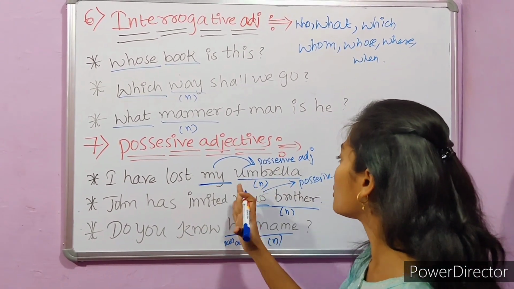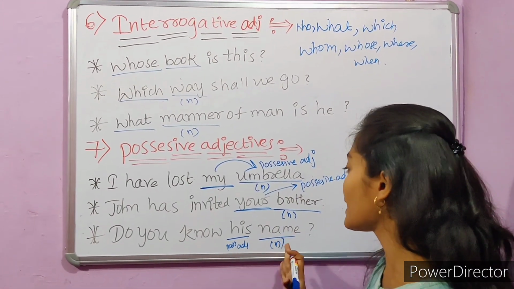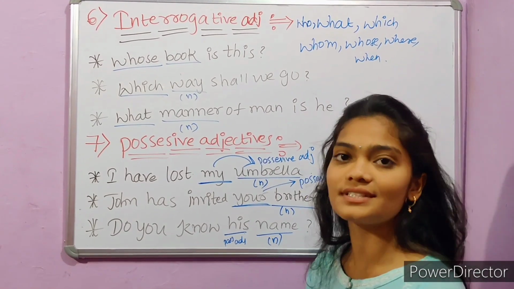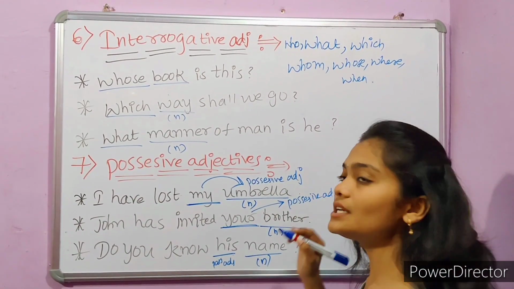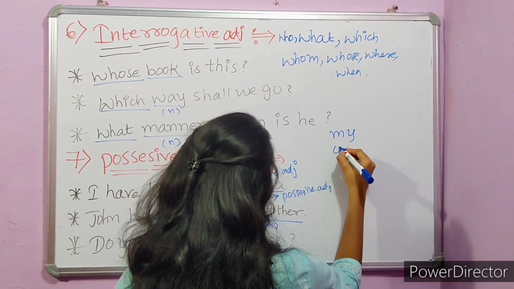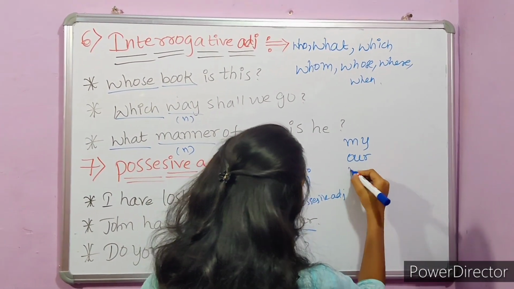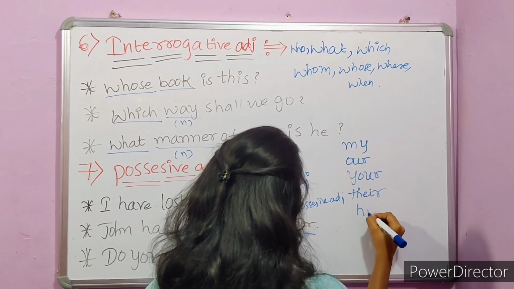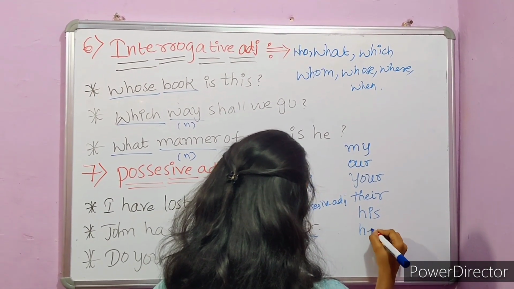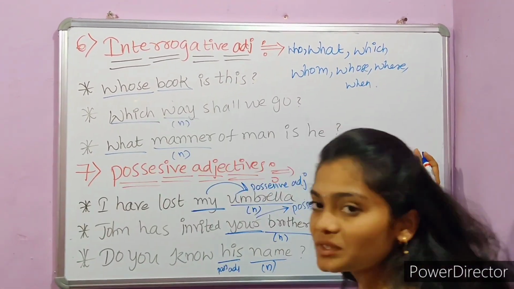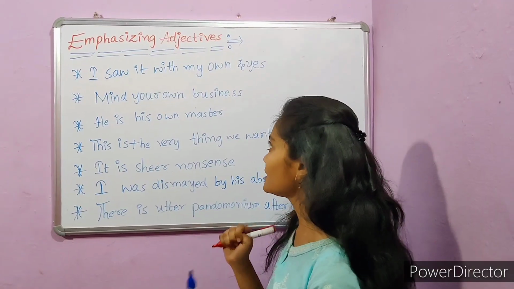But as they are followed by nouns and they describe the nouns, they can be considered as possessive adjectives. Possessive adjectives are my, our, your, their, his, her, etc. These are all the possessive adjectives.